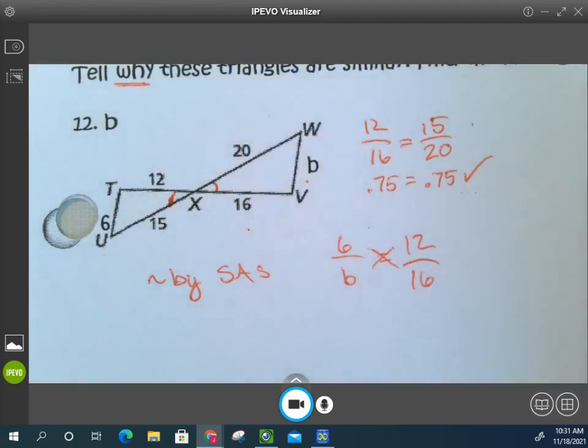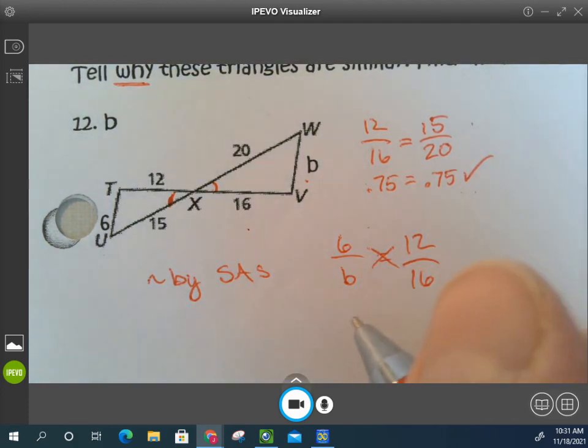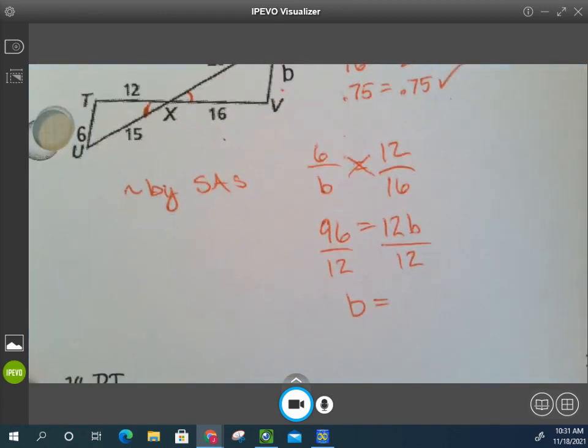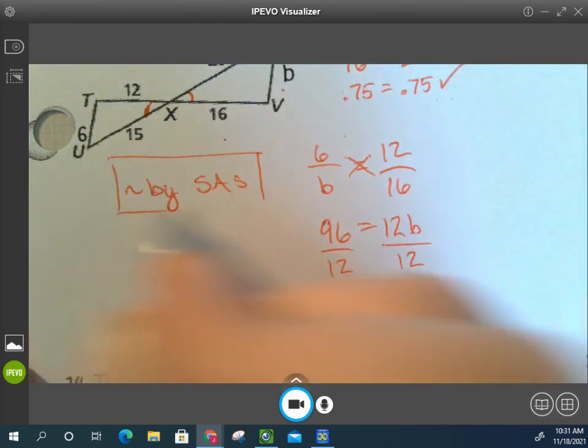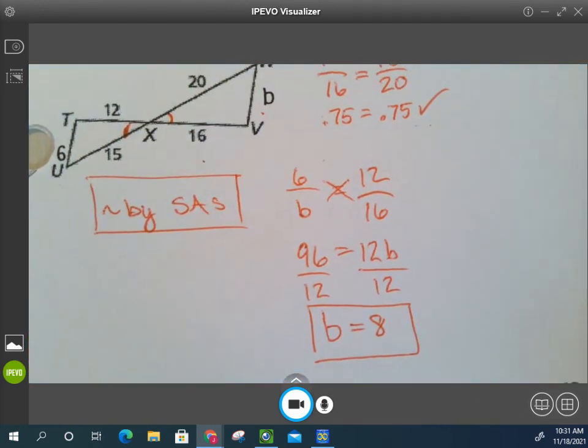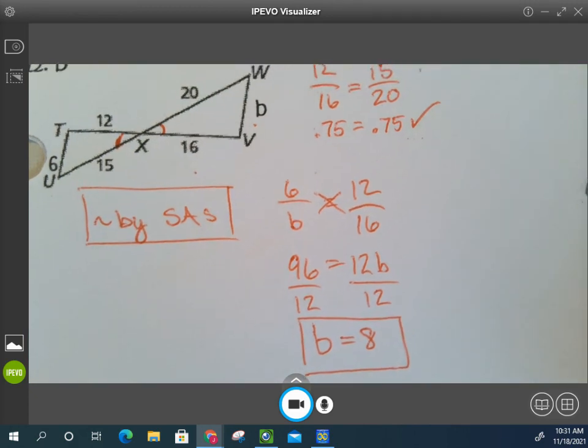Okay, cross multiply. 6 times 16 is 96 equals B times 12, or 12B. Divide by 12. What's B equal? It is 8. Okay, so that's all I needed to do. Tell why they are similar with some proof and solve for the unknown. All right, so look at number 13 now.